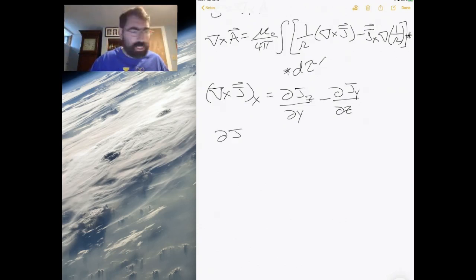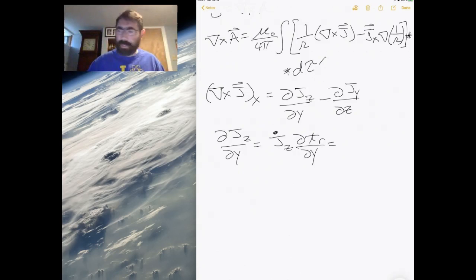Now dJz with respect to y, I can write down as the time derivative of that component, and then the derivative of the retarded time with respect to y, which is another way of saying minus 1 over c, the time derivative of the current, the z component of the current, and then this is dr dy.